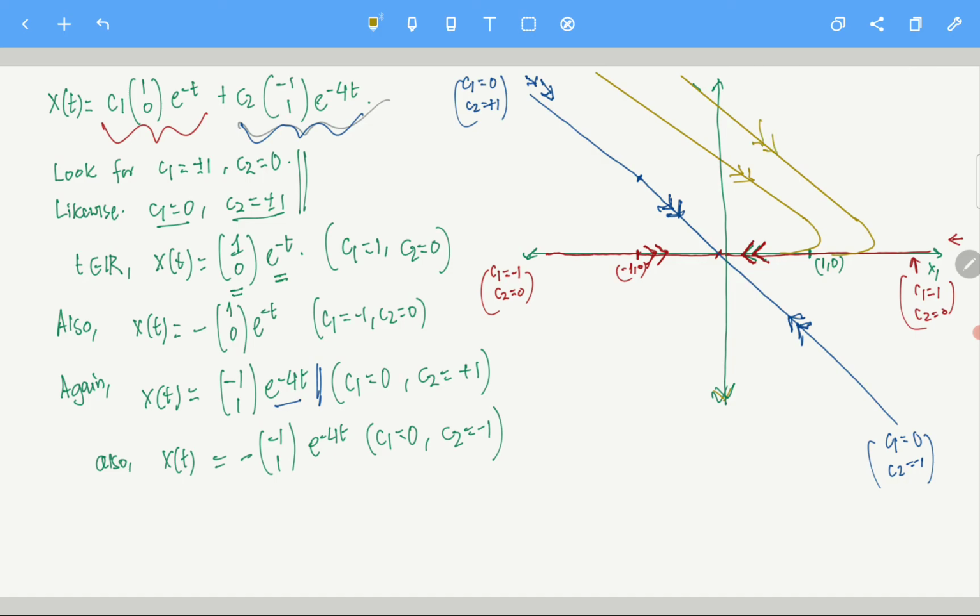As t tends to minus infinity, it will be parallel, and then it moves on. It may not look exactly like this, you do realize, but it is an approximation, and as t tends towards infinity, it will actually approach this solution, (1, 0) e^(-t). Clear?